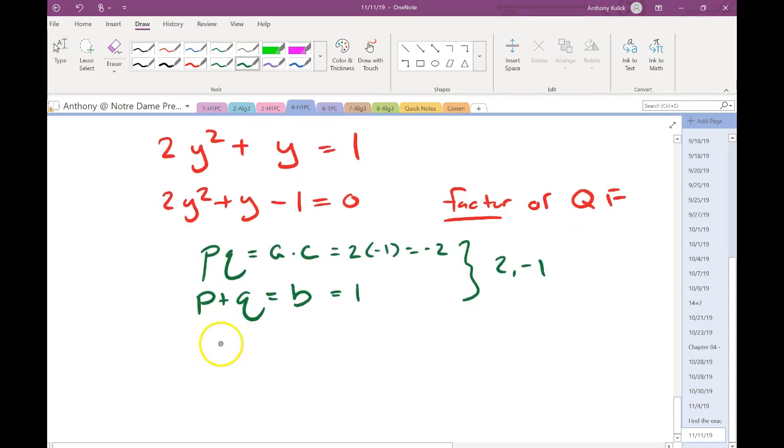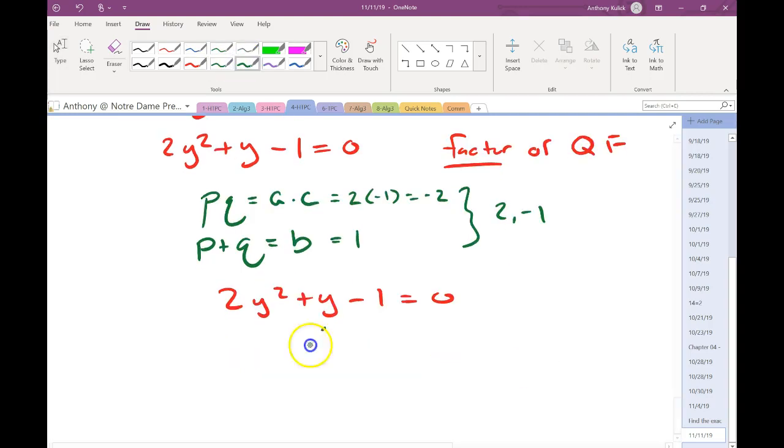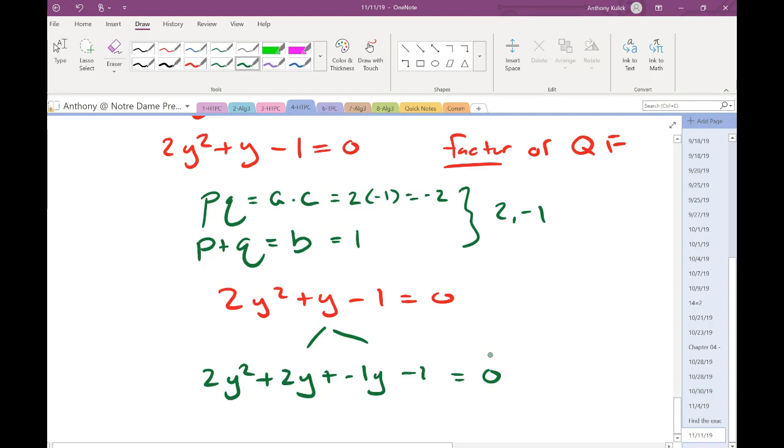So, what do we do with this then? We take our 2y squared plus y minus 1 is equal to 0, and we split up the y into 2y plus a negative 1y, and we still have the minus 1 equal to 0.